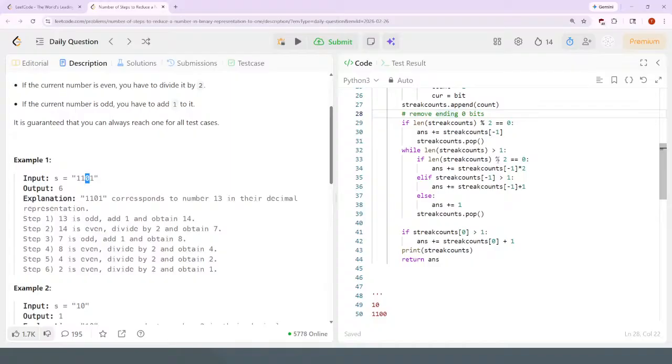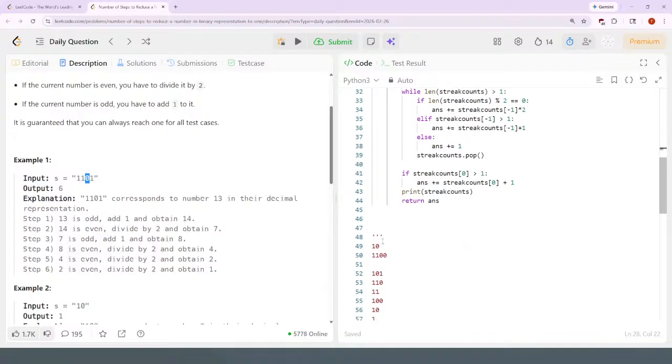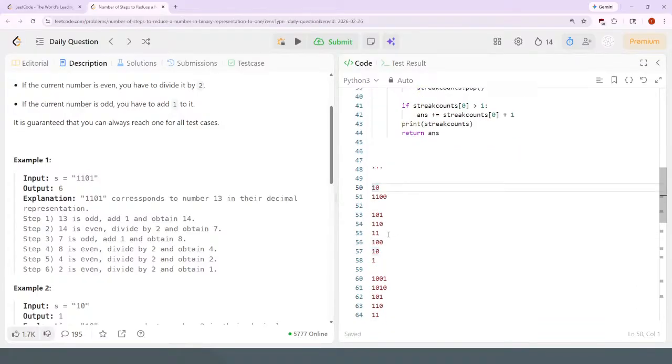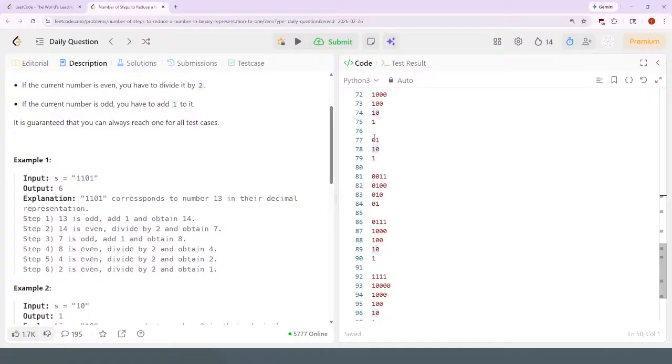And basically, if there's a streak of ones, like there's one one or two ones or three ones, what happens is it makes the next streak of zero convert into a single one in the least significant bit.